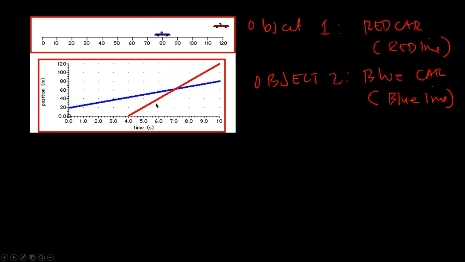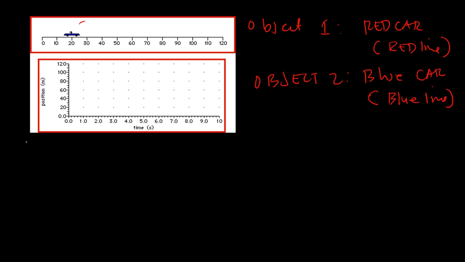So in terms of the steepness of the line, as you can see, the red one is steeper than the blue one, because in this part of the diagram we can see that object number 1 is moving faster than object number 2. That means the line graph associated with the moving object number 1 is steeper than the line graph of object number 2.